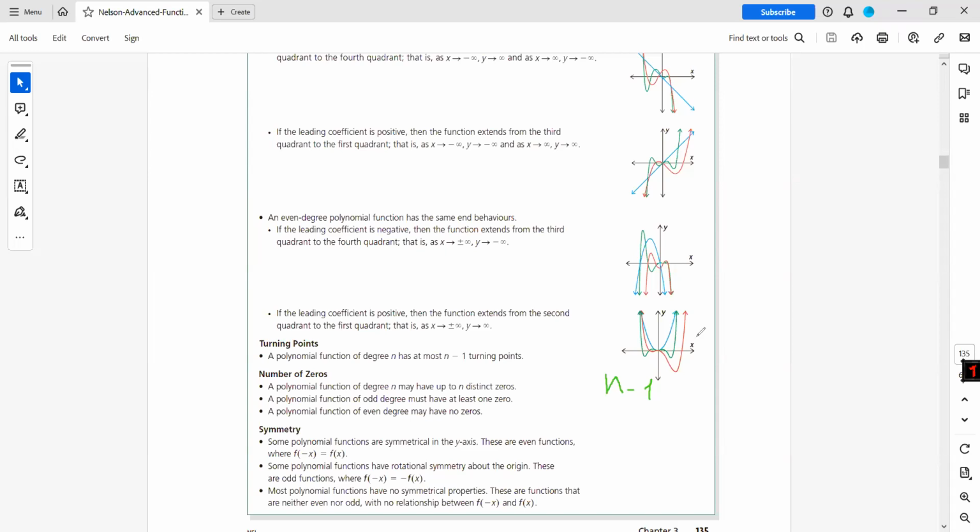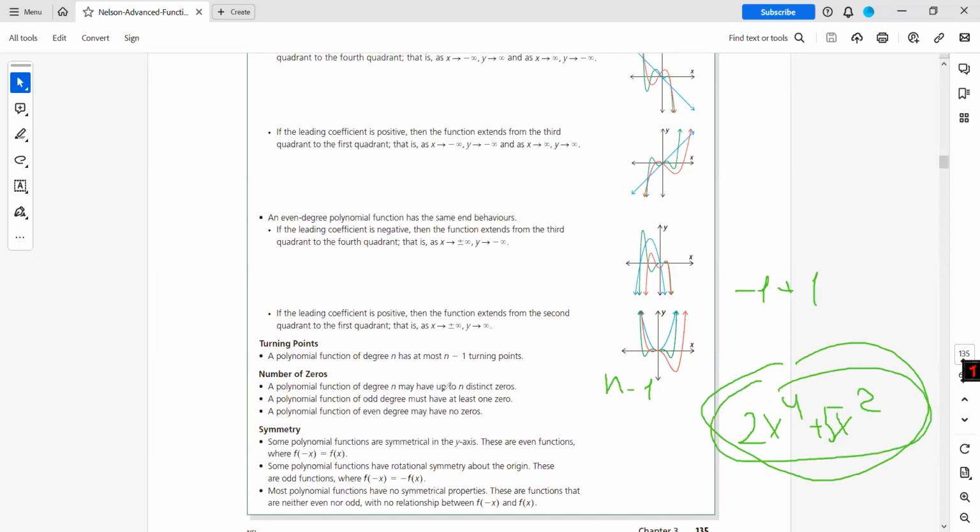Okay? So even some strange function like x to the fourth power plus x to the second power, even if we put 2 or 5 here, whatever, this function is going to have a symmetry over the y-axis, because no matter what x value I put in, positive or negative, the outcome is the same. Whether I put plus or minus 1, I'm going to get the same output.